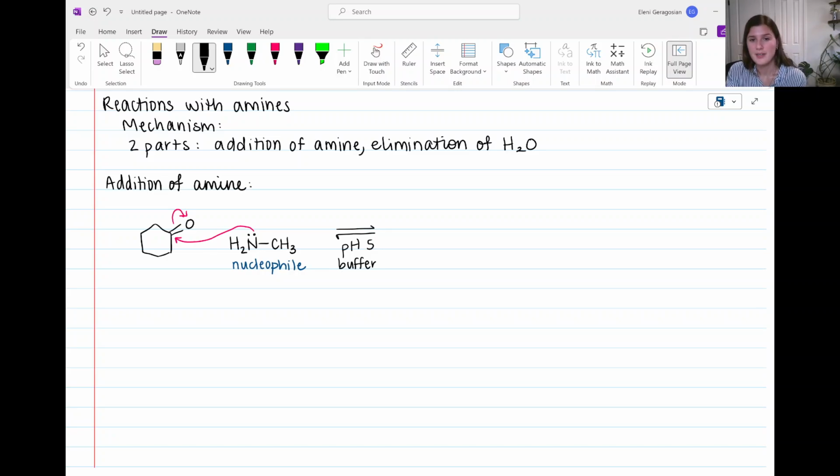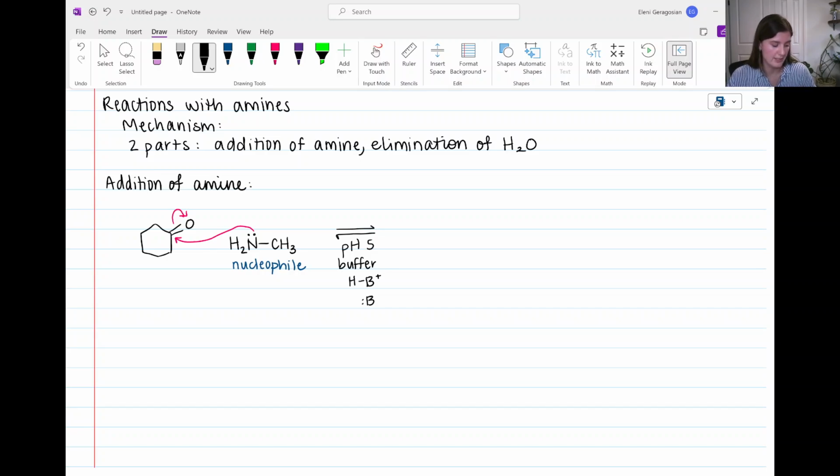But when we have a buffered solution or solution with an acid or a base, just like we did for the acetal and the ketal reactions, where we had neutral solvent and protonated solvent present, we'll say that we have some acid, HB, and some base, just neutral B, available in solution.